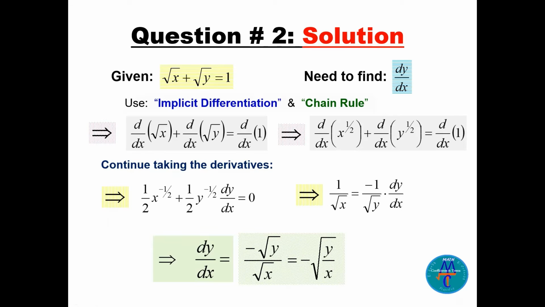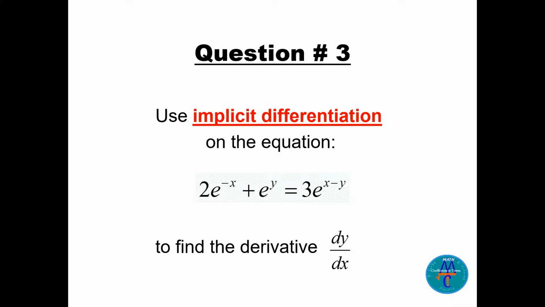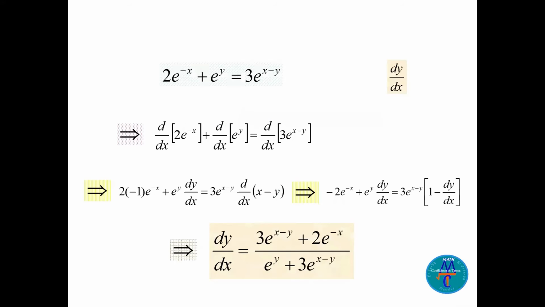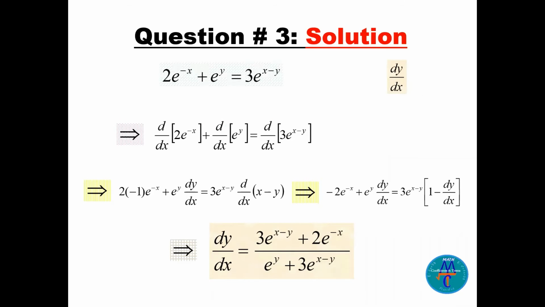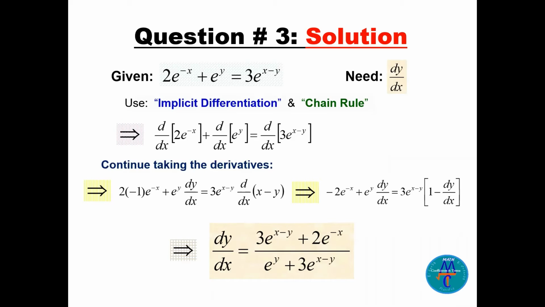Now, question number 3, use implicit differentiation also on the equation 2 times e to the power minus x plus e to the power y equals 3e to the power x minus y to find the derivative dy over dx. So we do the same, use implicit differentiation, take the derivative on the left equal to the derivative on the right, then use the chain rule.